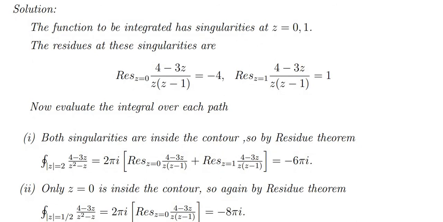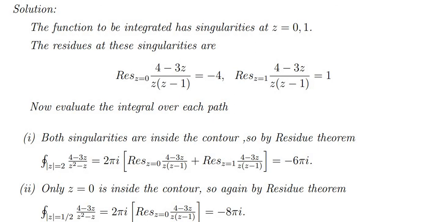The function which is to be integrated has singularities at 0 and 1. These are both simple poles, so we can evaluate the residues at these singularities. The residue at z = 0 of (4 − 3z)/(z(z − 1)) is −4, and the residue at 1 is equal to 1.